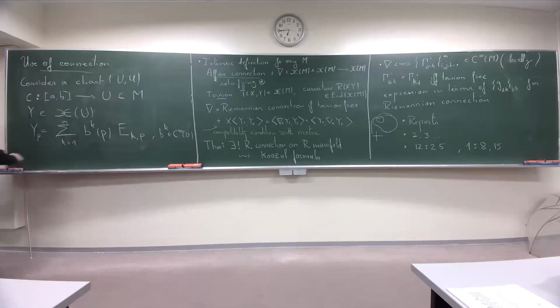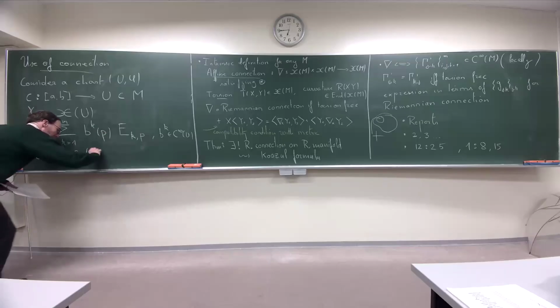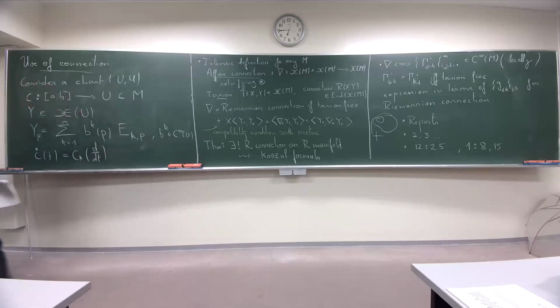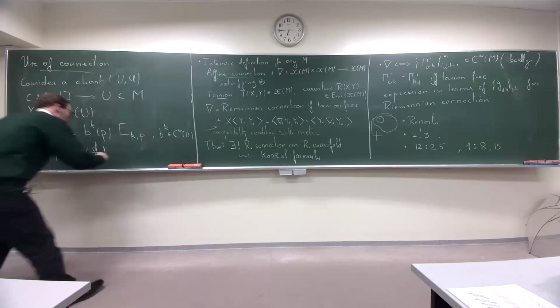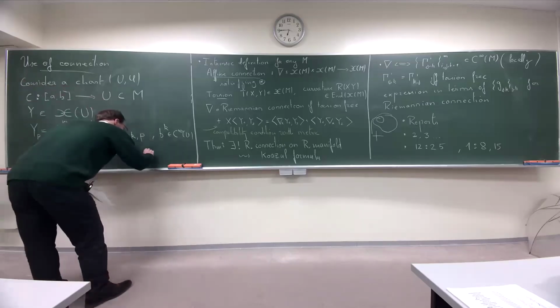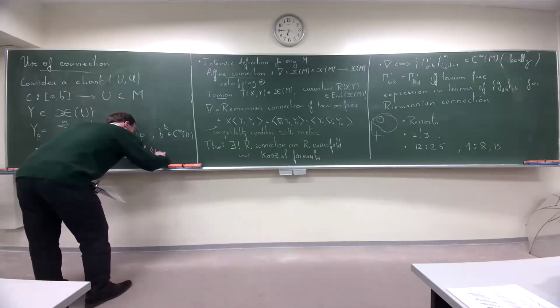And now I'll just remind you that c dot of t was defined. It's a complicated thing. It was expressed by the pullback of this derivative, which is on the line on [a,b]. And we can also decompose it.